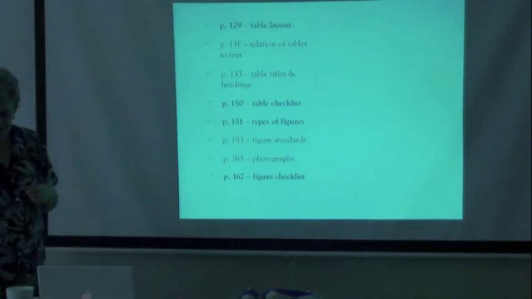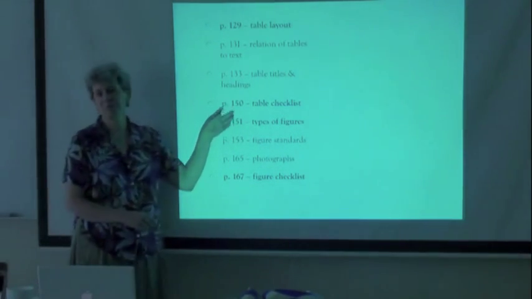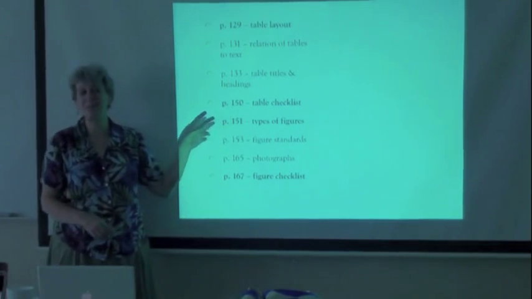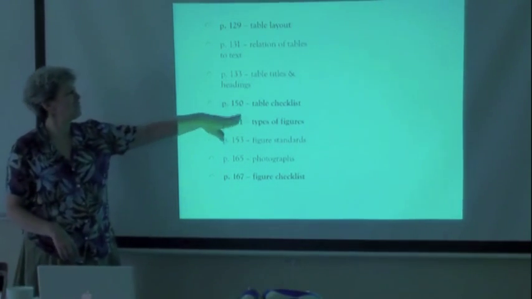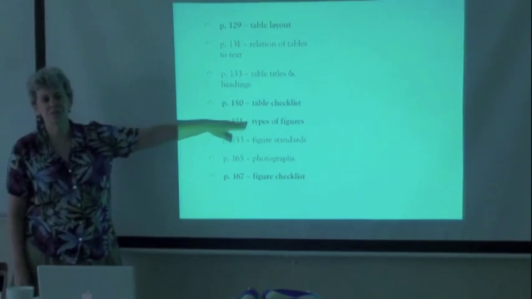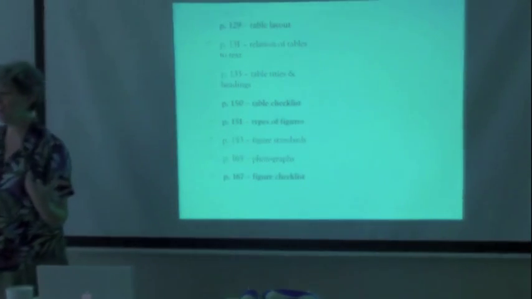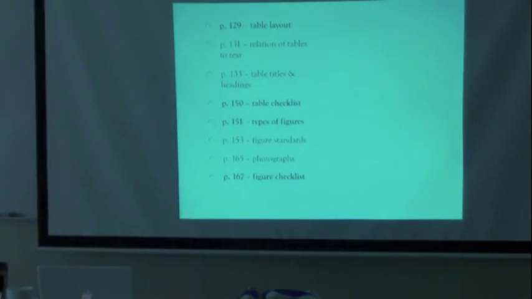So that's 133. On page 150, and I definitely wouldn't put a tab on both 150 and 151, it's the same page, 150 is the table checklist, and 151 is types of figures, so it moves into figures. The checklists, just like the ethics checklist we looked at earlier, are very useful for checking did I do everything I was supposed to do.